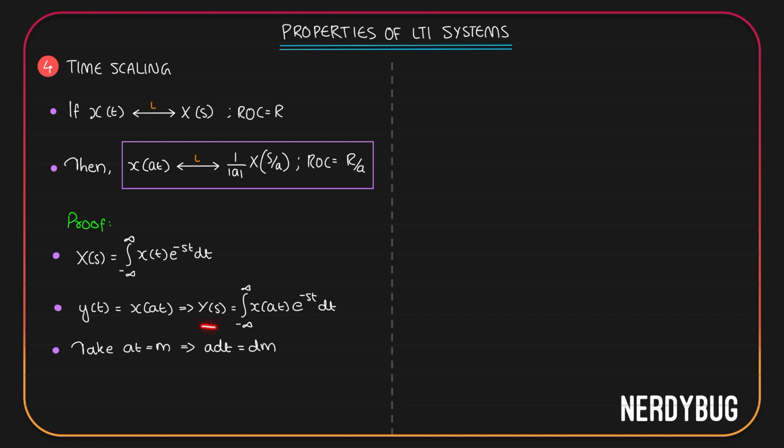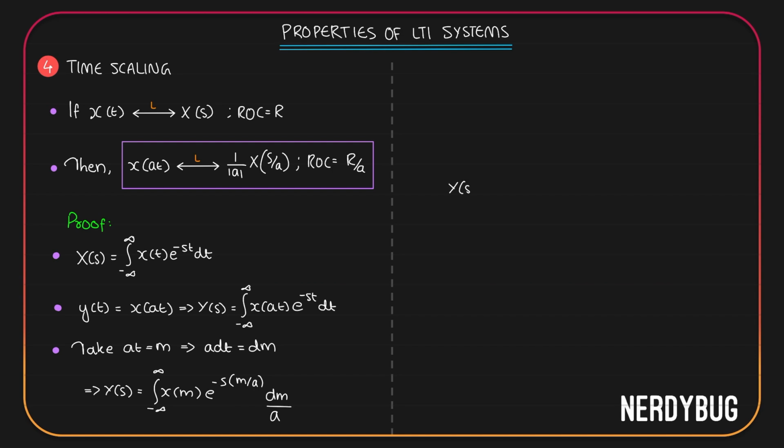Let's apply that in our equation of Y of s. Then we'll get Y of s is equal to integral from minus infinity to infinity, x of at becomes x of m, e raised to minus st becomes e raised to minus s m by a, dt becomes dm divided by a. 1 by a is a constant, it can come out of the integration.